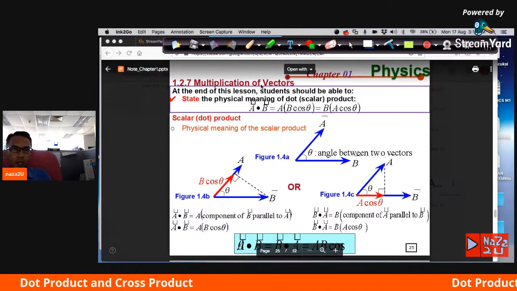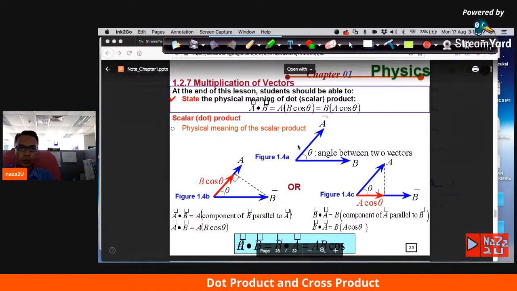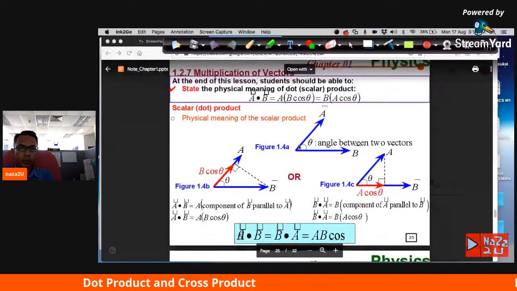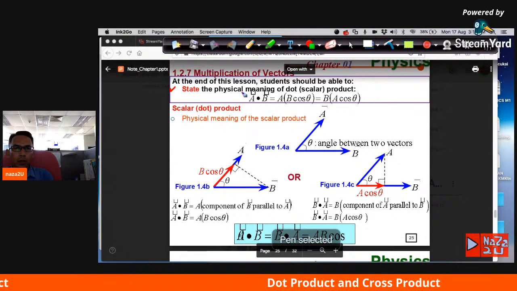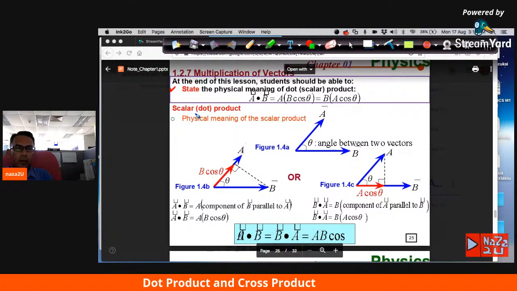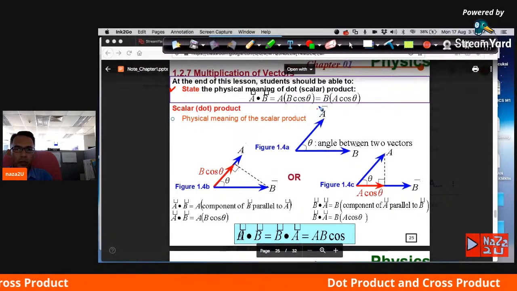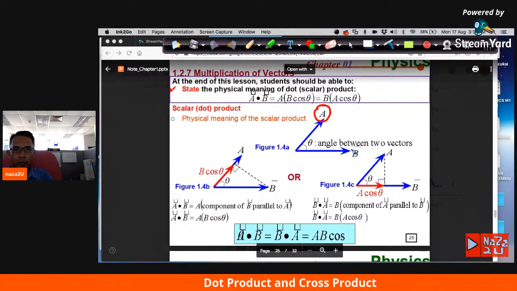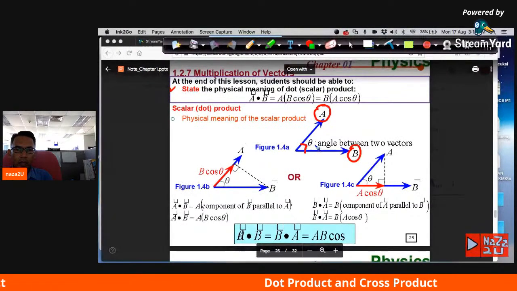Multiplication of vectors. The scalar or dot product means you have vector A and vector B, and theta is the angle between vector A and vector B.